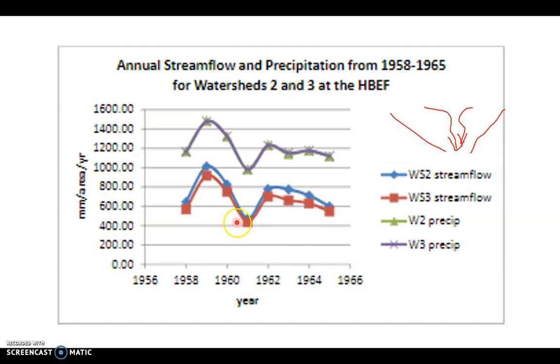Now, the key here is while the water flow is the same, there is a significant difference between total precipitation and total stream flow, right? It's different. And so the first question you need to ask yourself is, what is driving this difference? Certainly our main answer here should be vegetation, right?